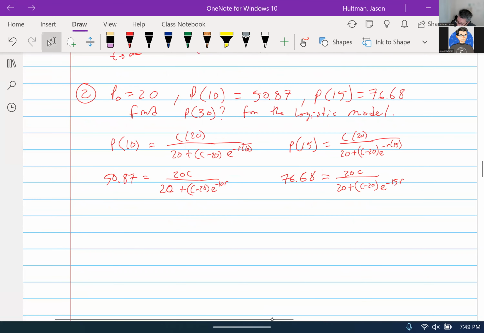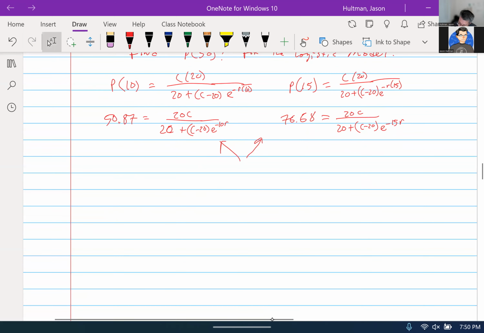I'm not going to go through this; we have a system of two equations and two unknowns, and the working out of the system is actually very complex.